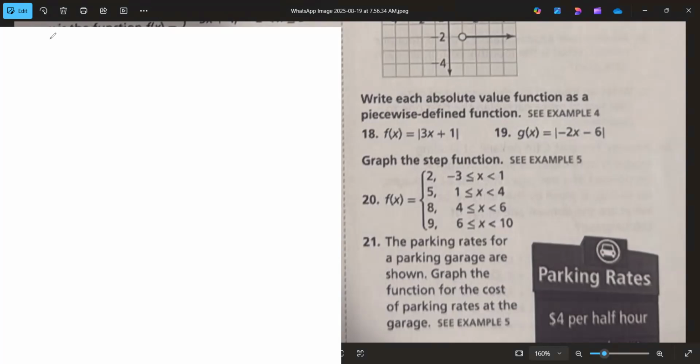Yeah. See, you can write in this way. f(x) is equal to what? This will be negative of 3x plus 1 when x is negative, and this will be positive when x is greater than or equal to 0. Just only this thing.